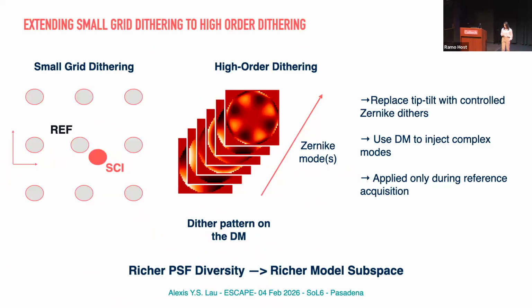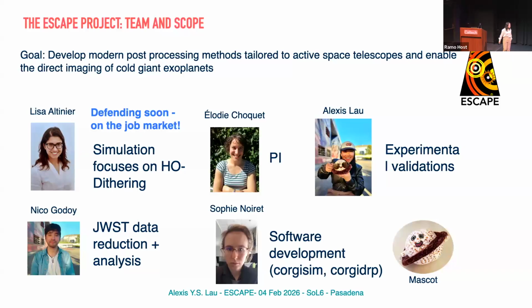This work is being done within the landscape of ESCAPE. So yeah, this project is brought to you by ESCAPE. Not a sponsor segment, but I would like to showcase our team and what we've been working on. Our goal is to develop modern post-processing techniques tailored to active space telescopes, enabling detections of cold giant exoplanets.